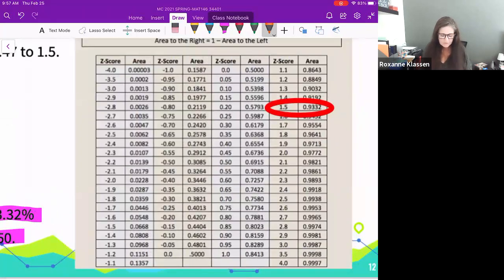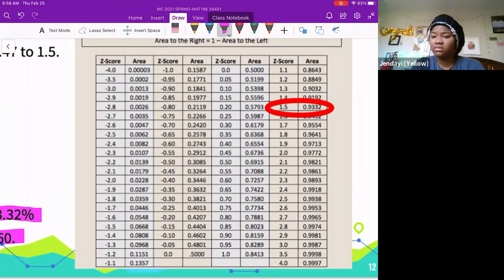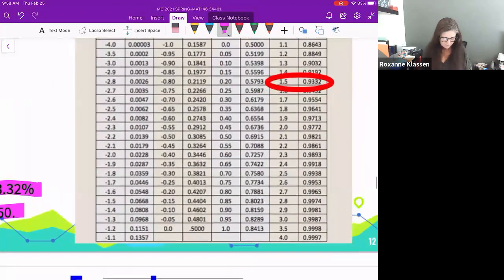And I don't have a 1.26. So what value am I going to look at for my z-score? 1.3. Very nice. But I'm going to look at negative 1.3, right? Do you see that negative 1.3?